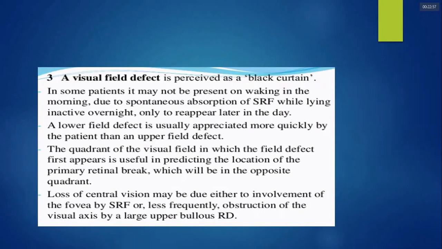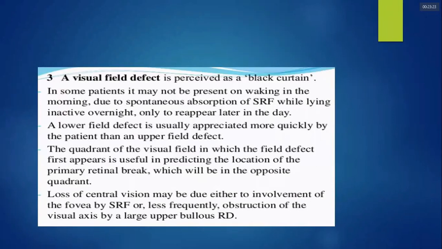And a lower visual field defect is usually appreciated more quickly by the patient than an upper visual field defect. When there is an upper visual field defect, the patient in the sitting position cannot say, but if it is a lower visual field defect, then the upper field is gone, so the patient will give a fast notice. They will notice fast about it.